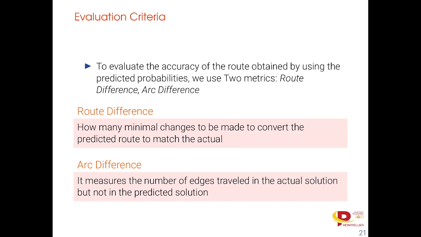Root difference is the minimal number of changes you have to make to convert the predicted routing to match the actual routing, so it's very similar to the edit distance. And the arc difference is the number of edges traversed in the actual solution but not in the predicted solution. This is actually the measure of decision focused learning loss.